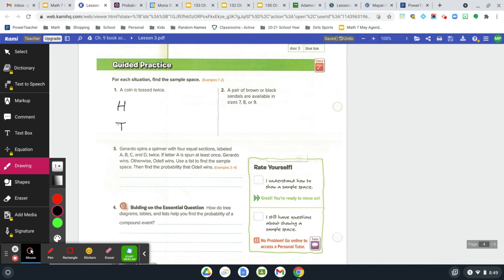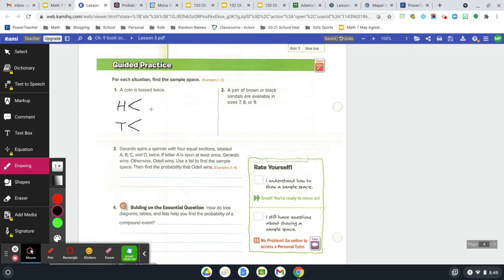You could see heads, you could see tails. Now, that's the first toss. Second toss, right? Because it's going to get tossed twice, which means if you're going to toss it again and there's only 2 possibilities on a coin, you're drawing 2 branches from each of that trunk of the tree.